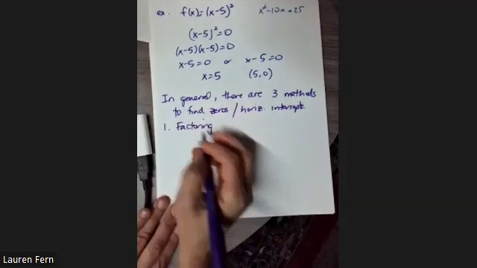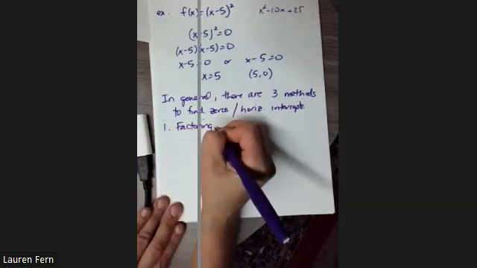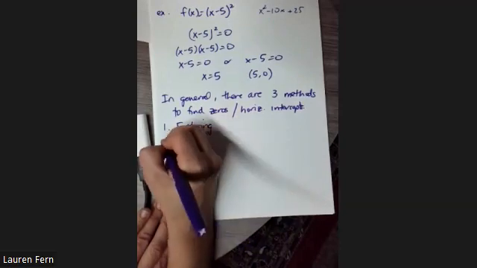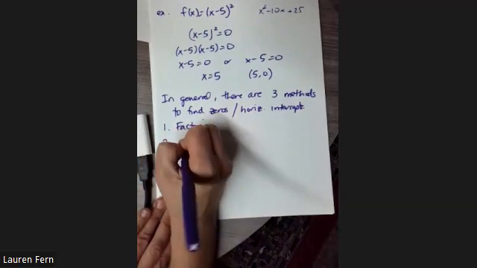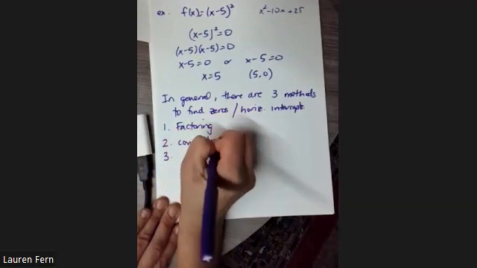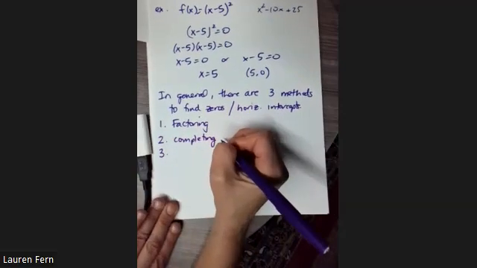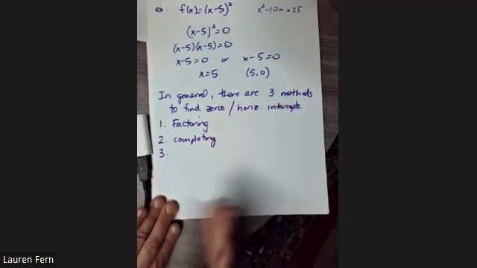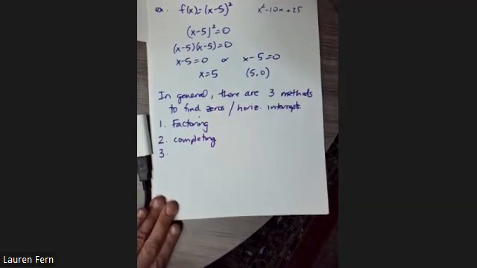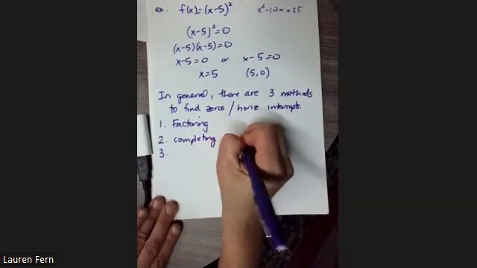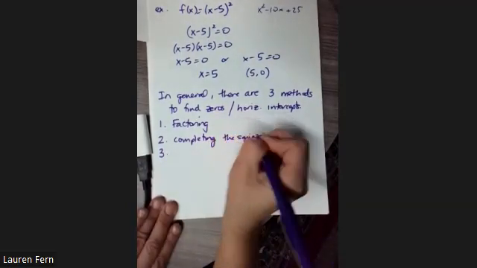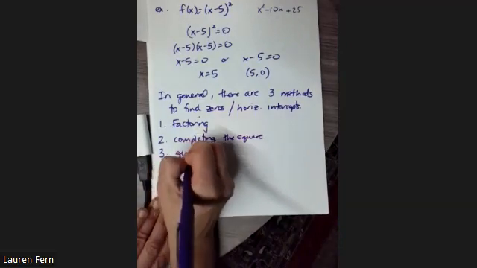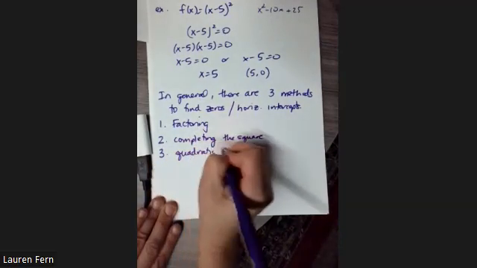That's factoring. Okay, but this does not always work. The next 2 do always work, but one is a lot more fluid to use than the other. You can do completing the square, or you can use the quadratic formula.